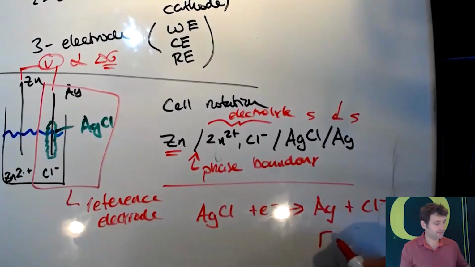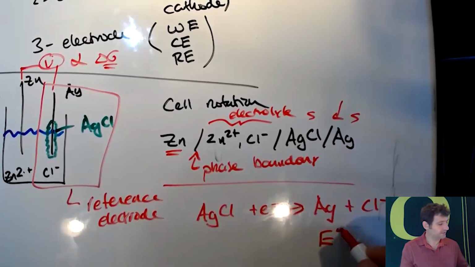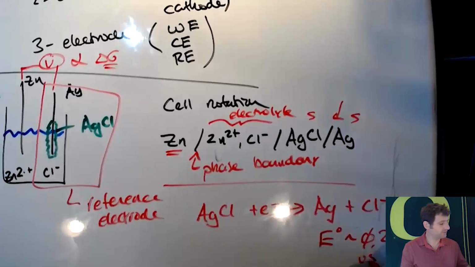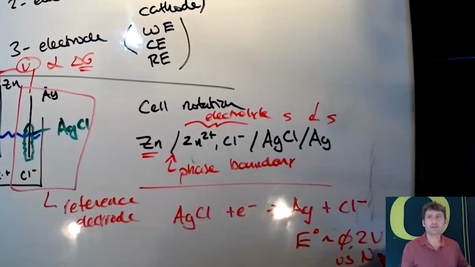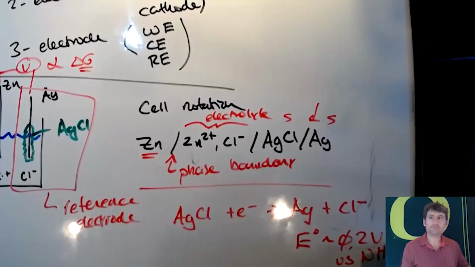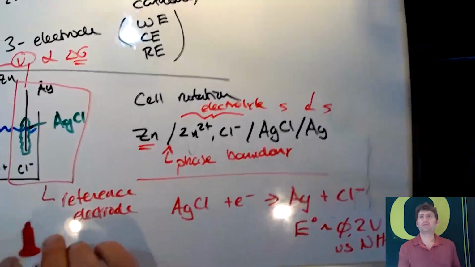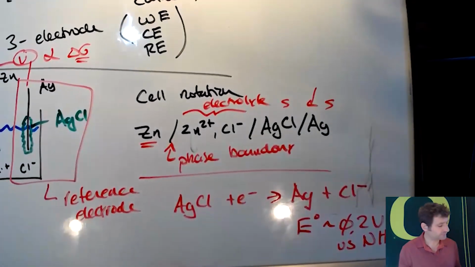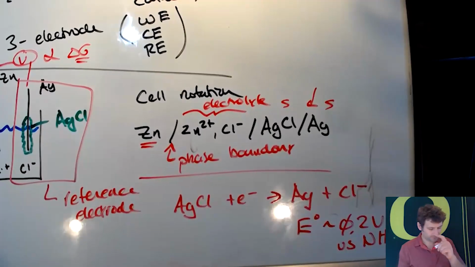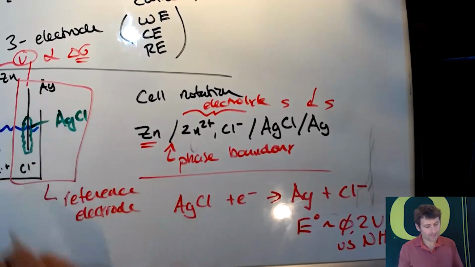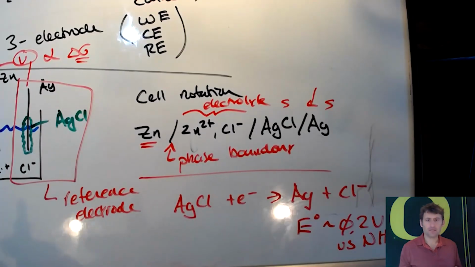And that has an E naught of about 0.2 volts versus the standard hydrogen electrode. And why is this cell a good reference electrode? Well, if you remember the Nernst equation, right?